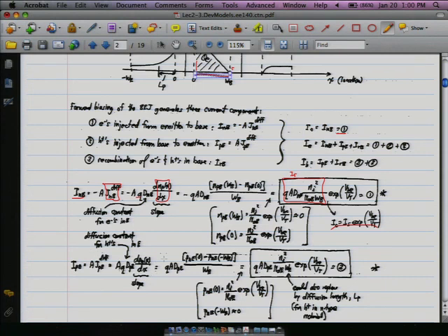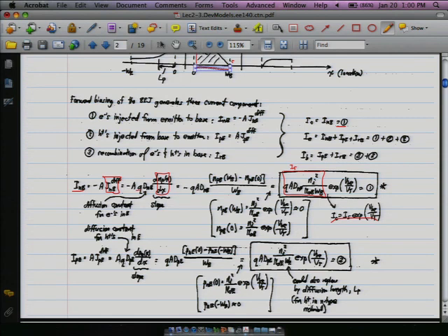Basically, we're looking at the concentration differences, and it comes out into a very similar form on this side. You can just take this for granted, because the math is laid out here.